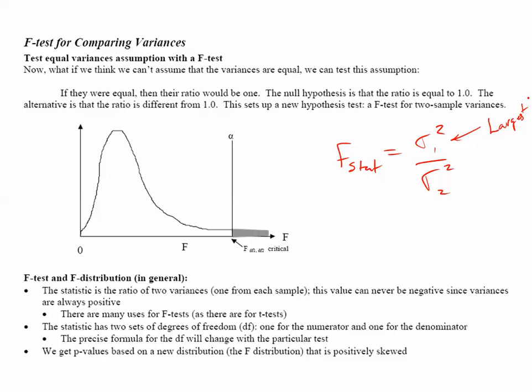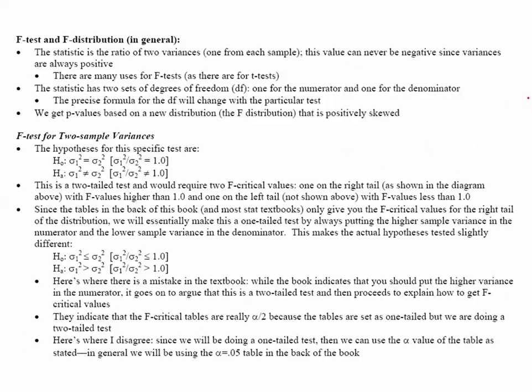There are many uses for the F-test. In this case we're going to be using the F-test to decide whether to use an equal or unequal variance. The statistic has two sets of degrees of freedom, one for the numerator, one for the denominator, but we're going to allow Excel to decide what the degrees of freedom are. So, the F-test and its distribution. The statistic is the ratio of the two variances.